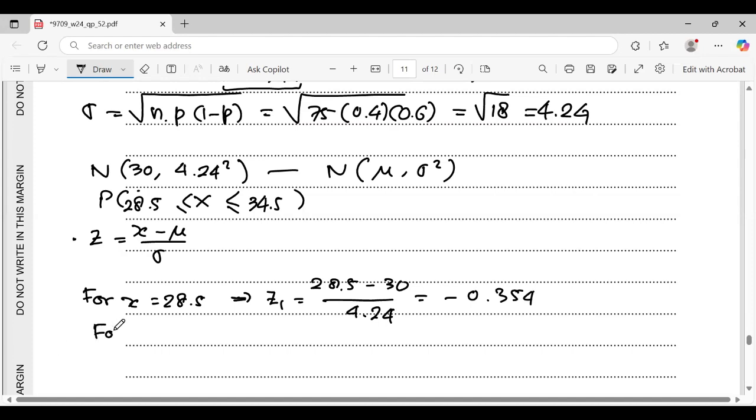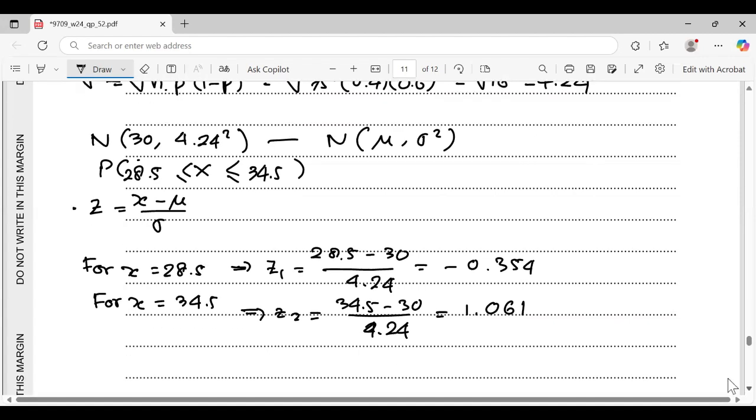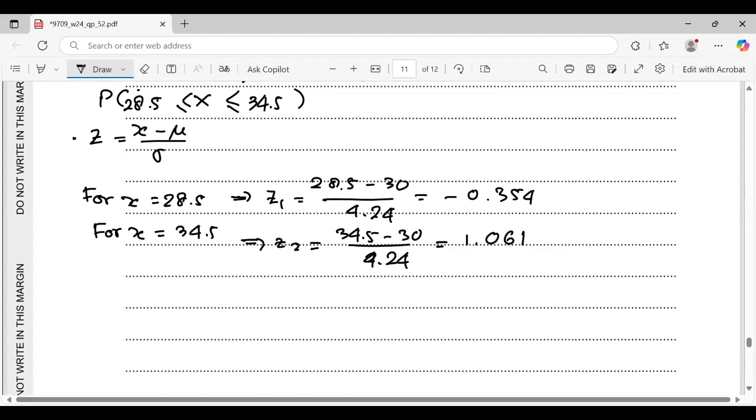Next, for x equal 34.5, the second z equals 34.5 minus 30 divided by 4.24, which equals 1.061.